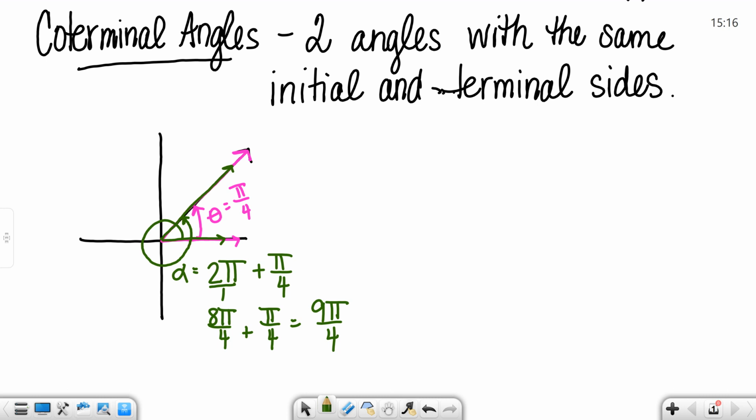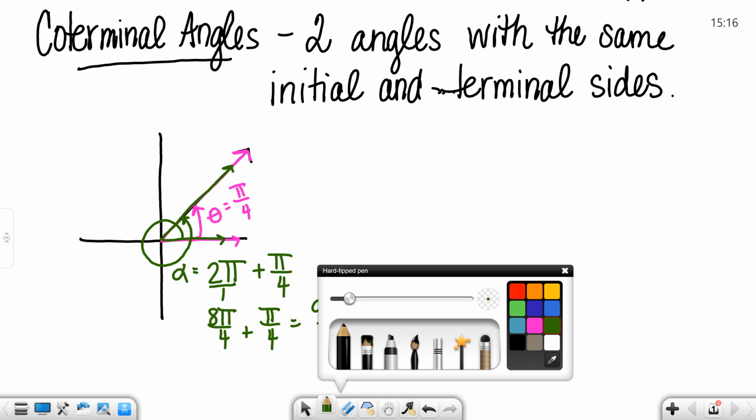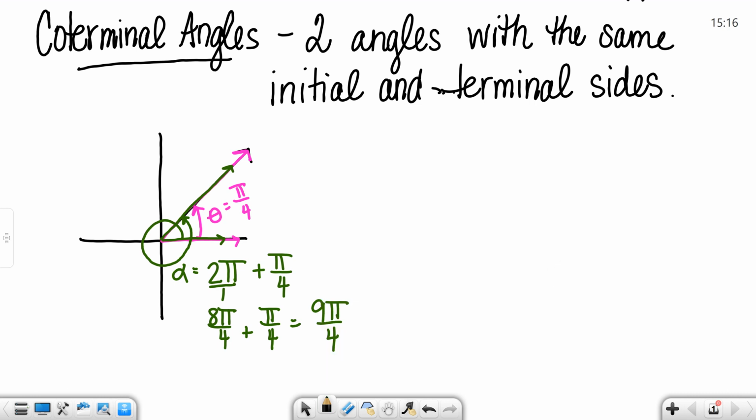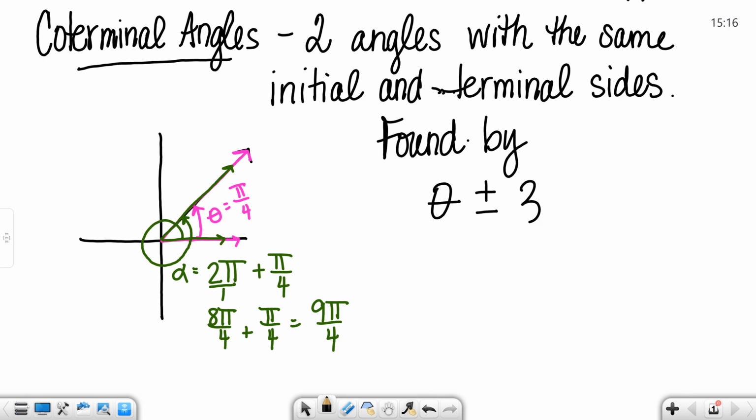So there is a little formula for you to be able to figure this out. Our little formula is found by taking whatever theta is, and we can either add or subtract a full circle. We could do it twice.